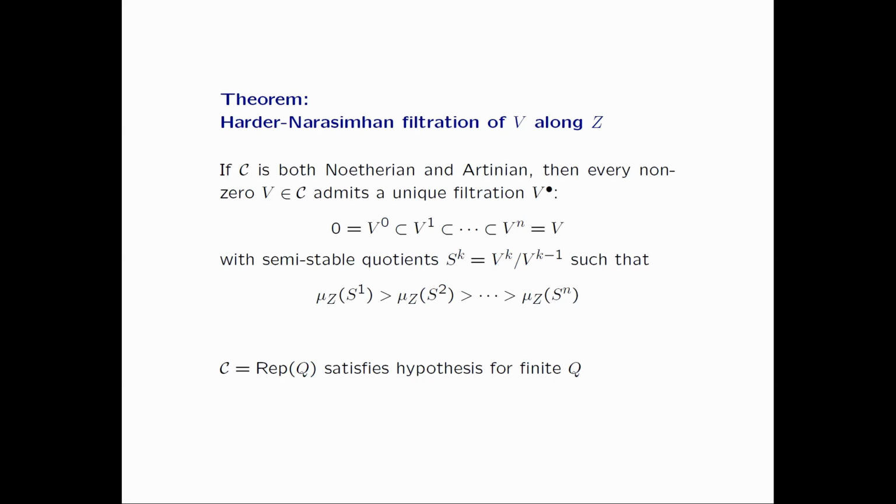Of course, we are mainly interested when C is the representation category of a quiver. And as long as the quiver is finite, this category is Noetherian and Artinian. So in other words, for our persistence modules, we can apply this.